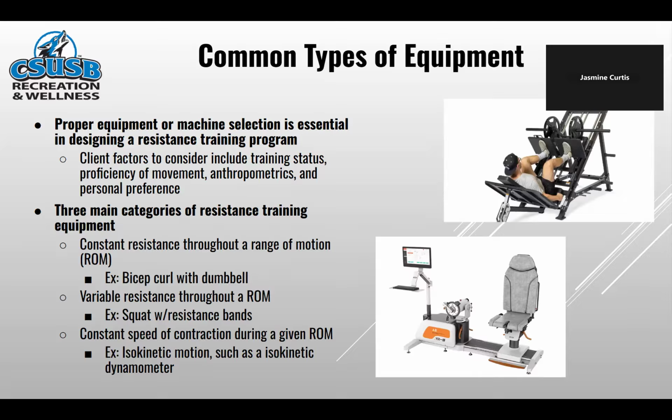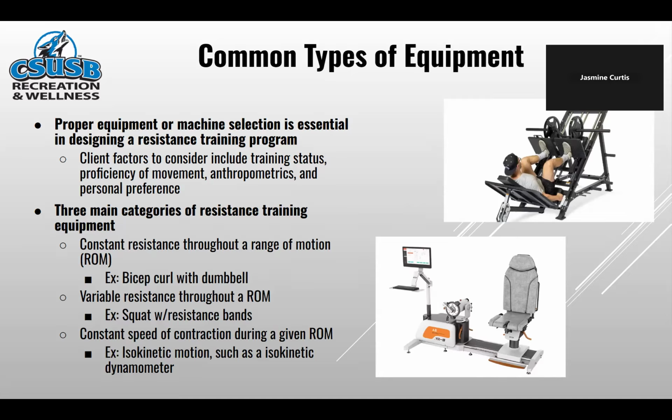Just because a machine is really big, it can intimidate a client, so sometimes there's an intimidation factor. Also, there's starting weight with machines. So we want to make sure that we are getting on these machines before we give our clients them as a programming tool. All right, moving on.